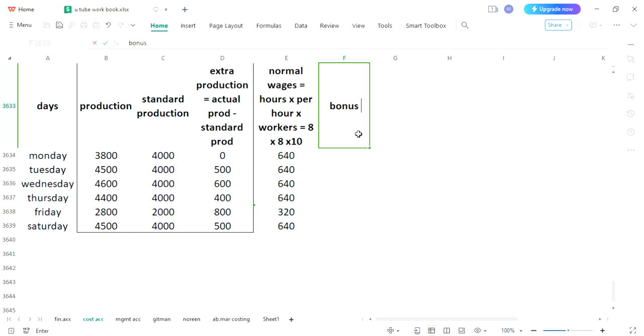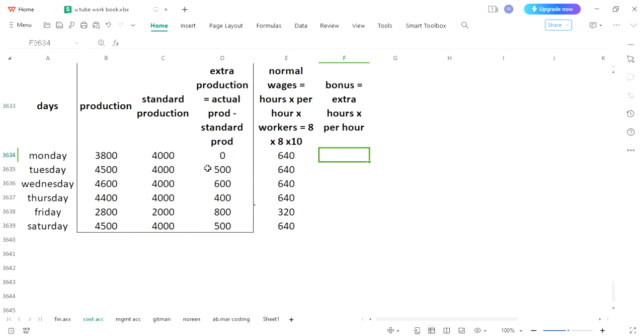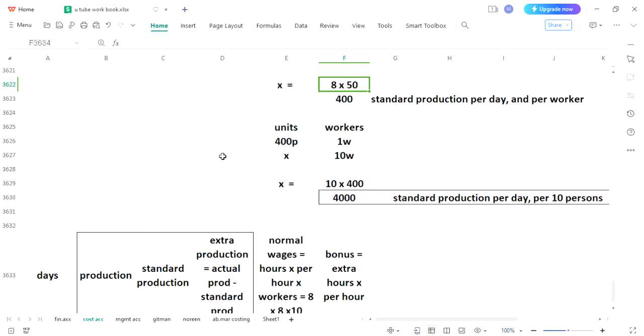How? Extra hours multiplied by per hour. But here there is a problem. Extra production is given, extra hours are not given. So again we will follow the same procedure which we have followed over here.